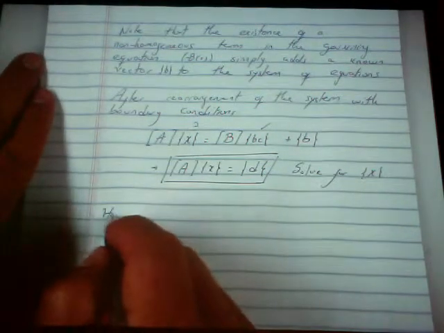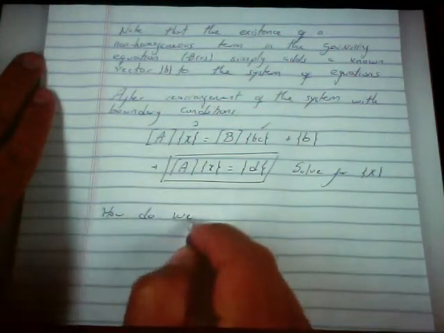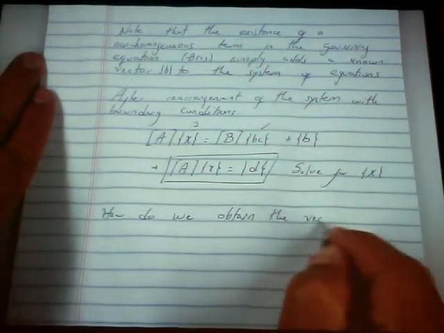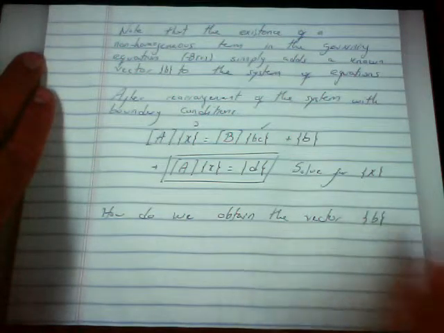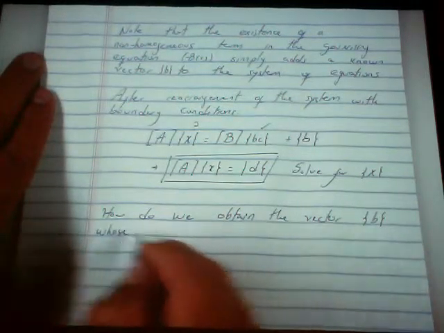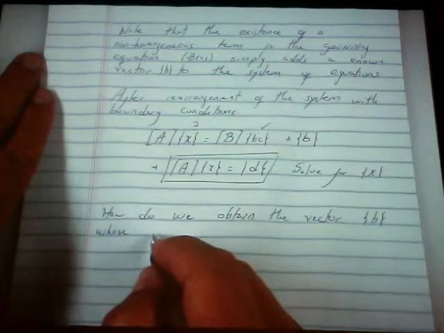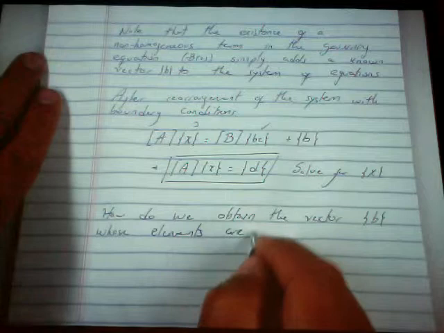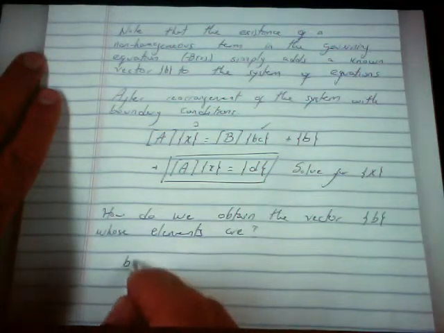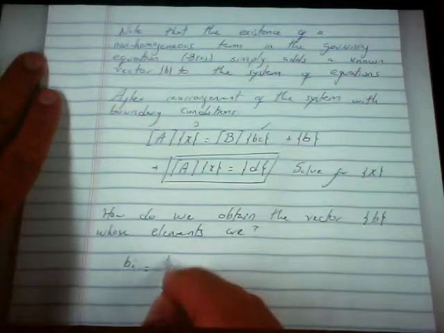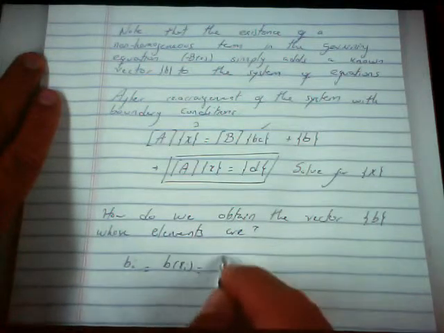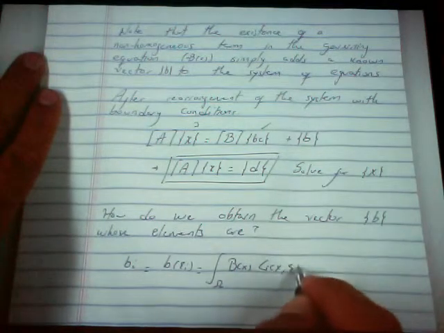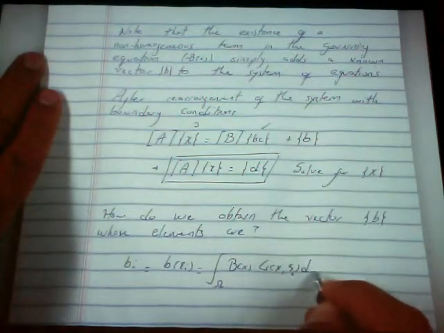Okay. Now, how do we obtain the vector b, whose elements are b_i, which is basically the integral of b(x) g(x, xi_i) dx?